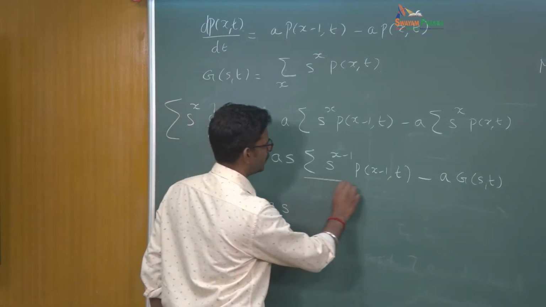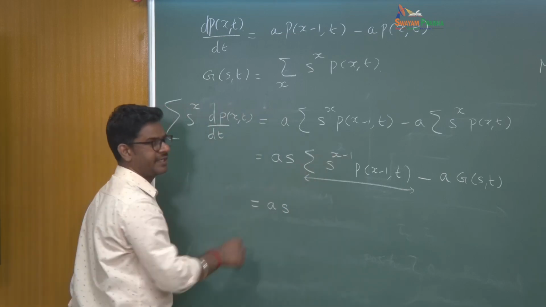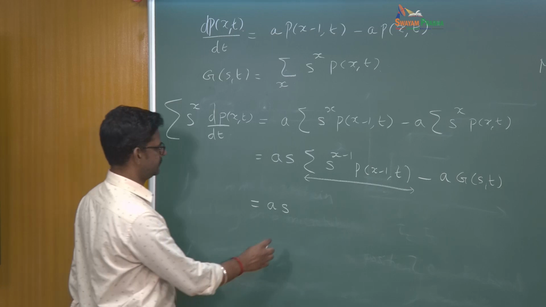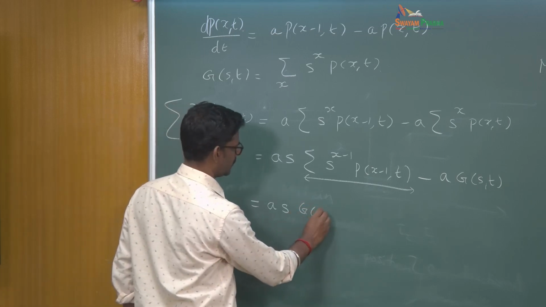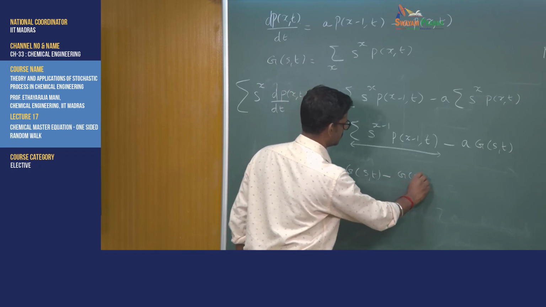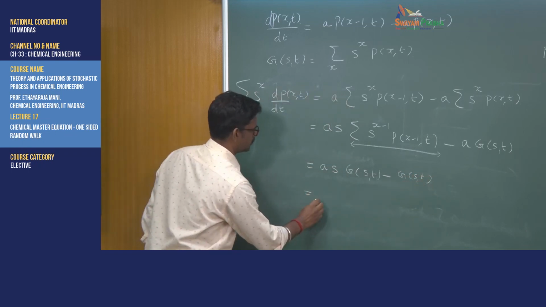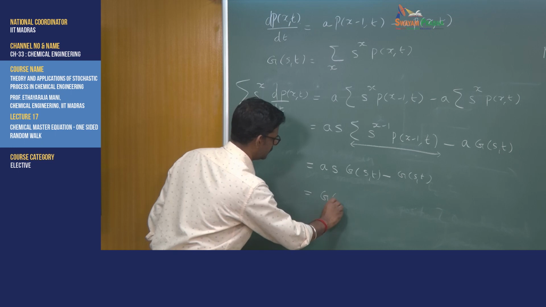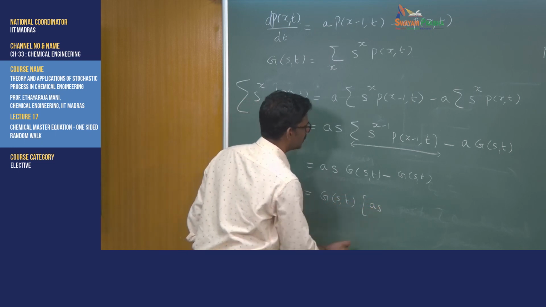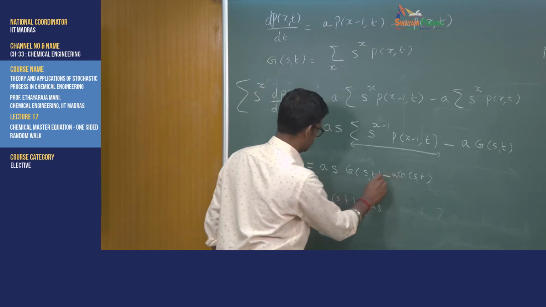In fact, this one also, if I change the variable s power x minus 1 as x, also becomes just g of s comma t. So we essentially have, there is a here.